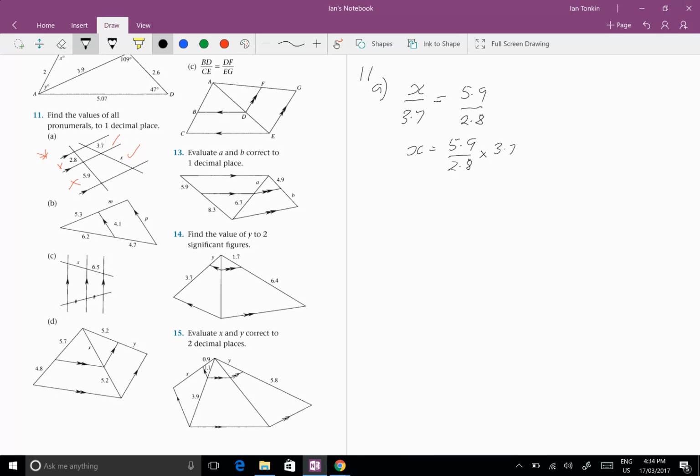And I do that on my calculator. 5.9 divided by 2.8 times 3.7.